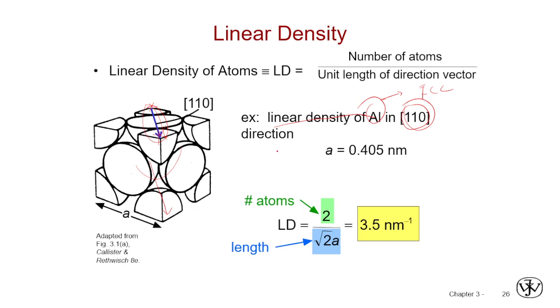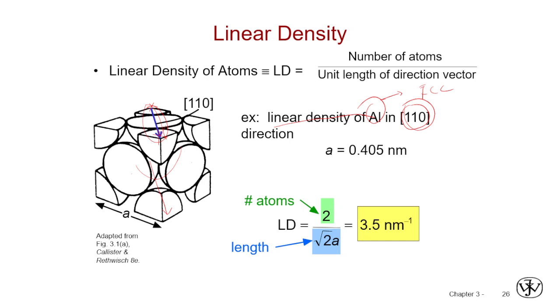So to find the linear density, we need to find the number of atoms in this particular line. From the diagram it is pretty obvious that it is covering 2 atoms, right? One atom over here, then these 2, from the midpoint of this to the midpoint of that, so we can consider that as 1.